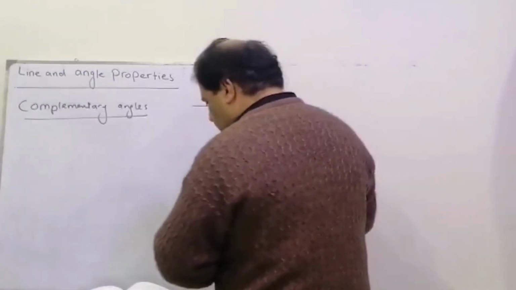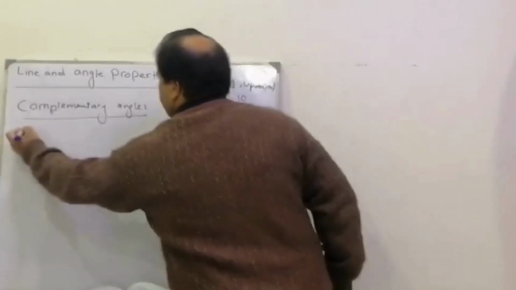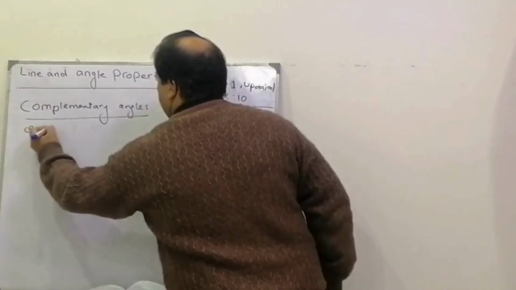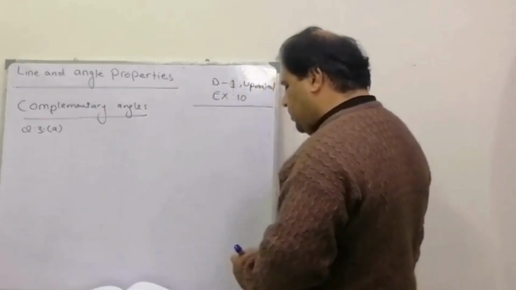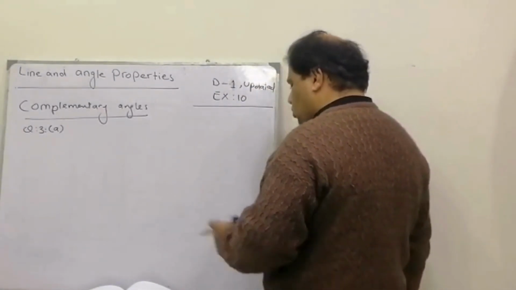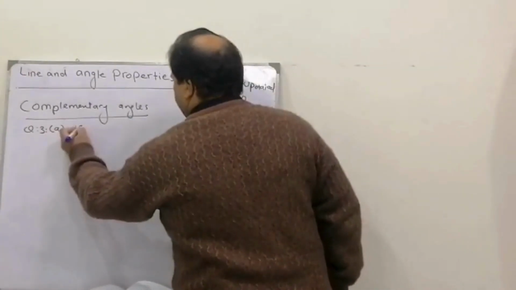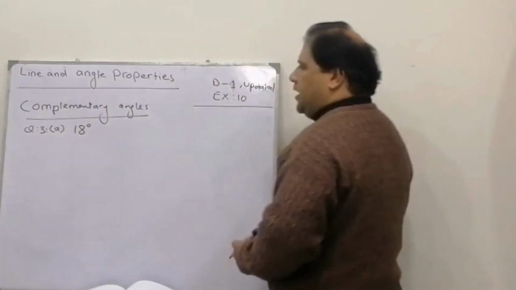For example, this is question number 3 part A. The question is written: find the complementary angle of the following. The method is the same for all the angles. I'm just writing one for you, 18 degrees.